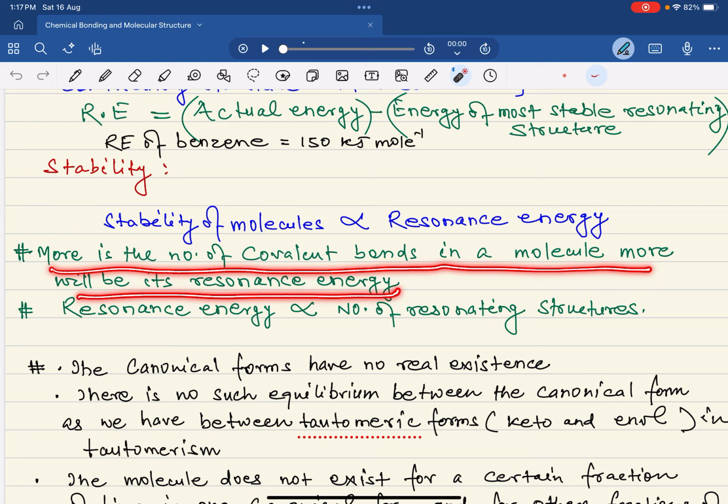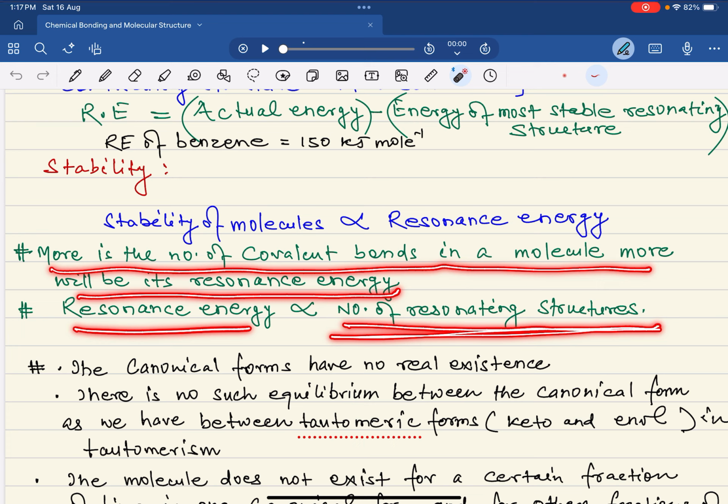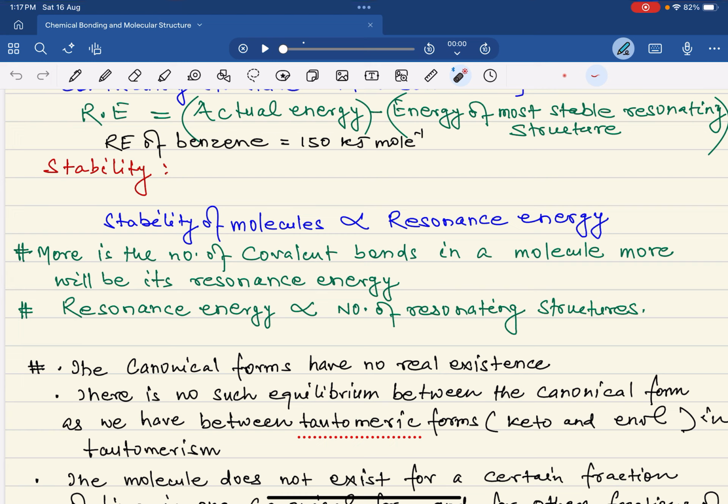This is a very important point, and resonance energy is directly proportional to the number of resonating structures, but this point is not true in all cases. It depends upon the atoms containing negative or positive charge. If during the resonance an electropositive element carries positive charge and an electronegative element carries negative charge, then that contributing structure is more stable.